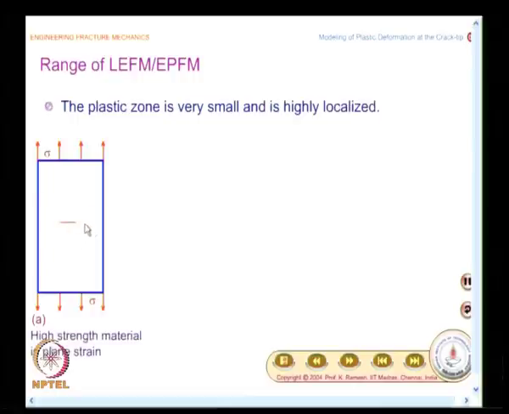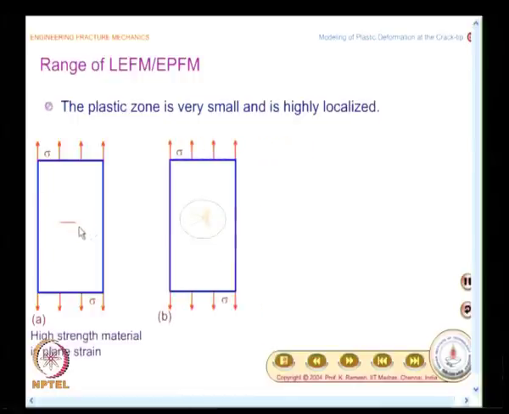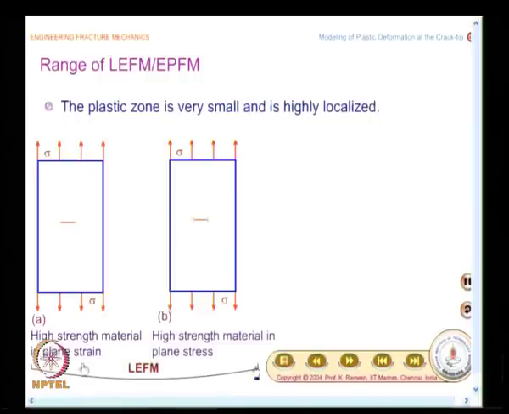Only when you magnify you are able to see, and this is the situation that exists in high strength materials in plane strain. And in the case of high strength material in plane stress, you have little more plastic zone, but compared to the plate dimensions and also the crack length, the size of the plastic zone is very small.